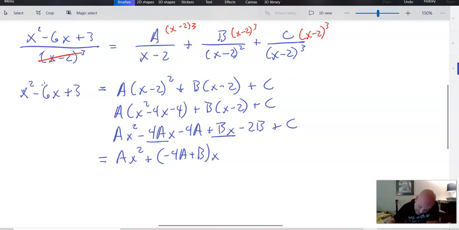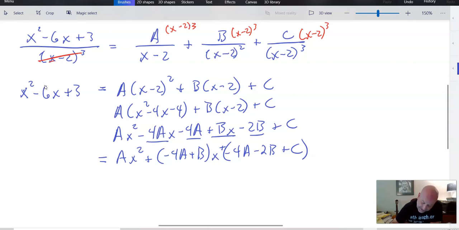And what do I have left? It's minus 4a minus 2b plus c. Those are all my constant terms. Oh, that should be plus. There. We'll do it that way. Okay, so we have this now.